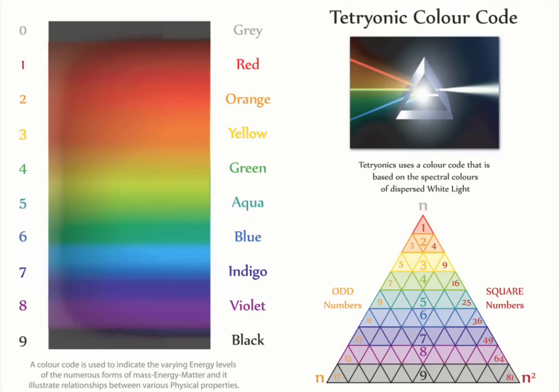Obviously, as highlighted in Tetryonics, all equilateral energies are square energy levels, and these follow a specific numbering scheme of integer numbers, where we assign the integer numbers of 1 through to 9 the spectral colours of red through to black.